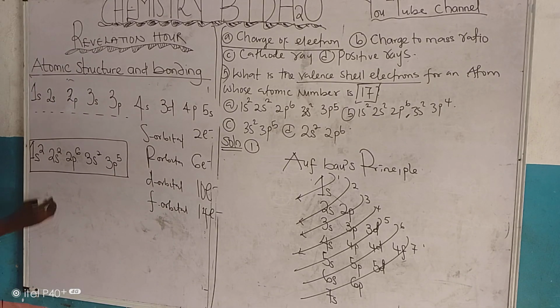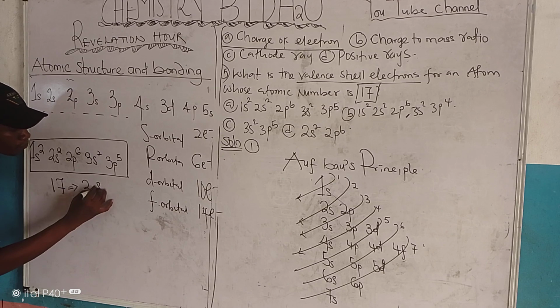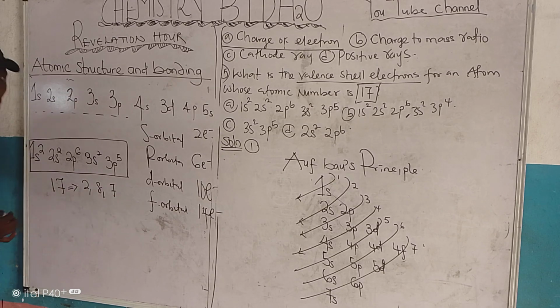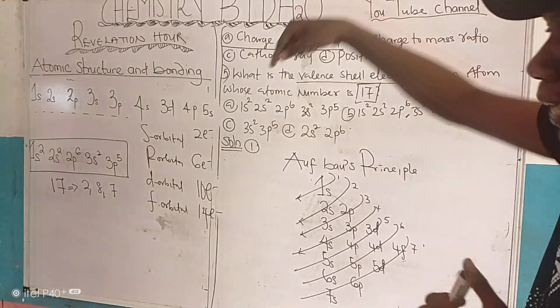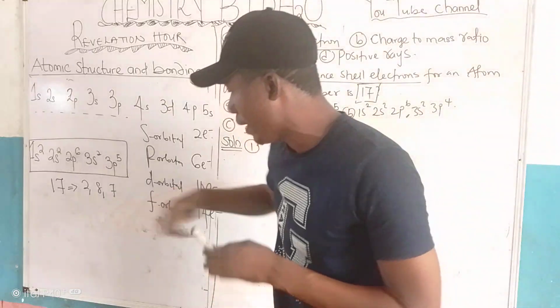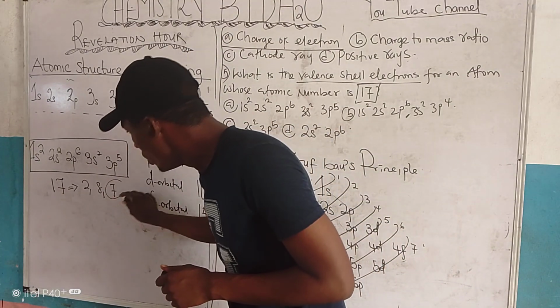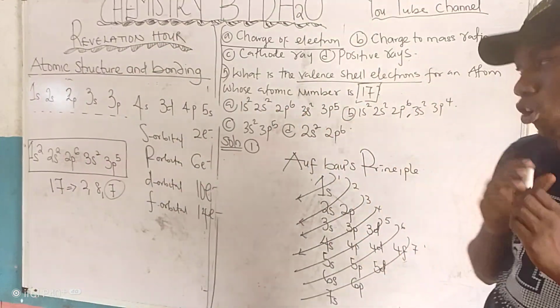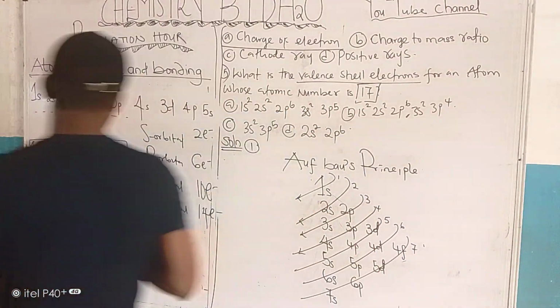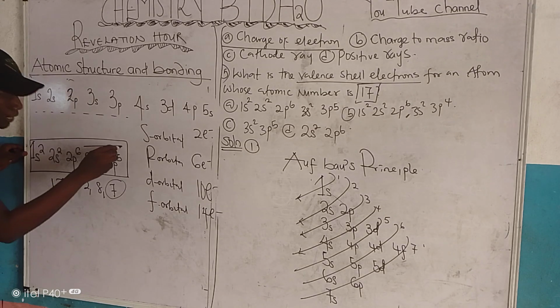Remember, if an atom has an atomic number of 17, it becomes 2, 8, 7. So the valence electrons, that means the electrons left in the outermost shell, is this 7 that is here. So if I pick out 7, where do we have to arrange these 7 electrons in the orbitals? It means that the 7 electrons are found here in this place.